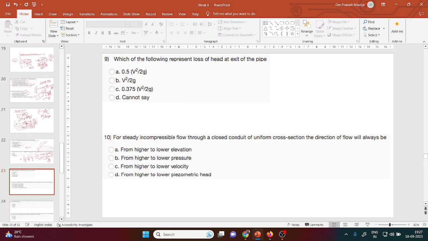So question number 9 is, which of the following represents the loss of head at the exit of the pipe? If there is a pipe, the water is flowing, so at that point which type of loss is happening?